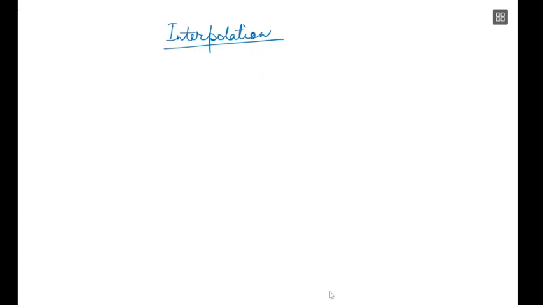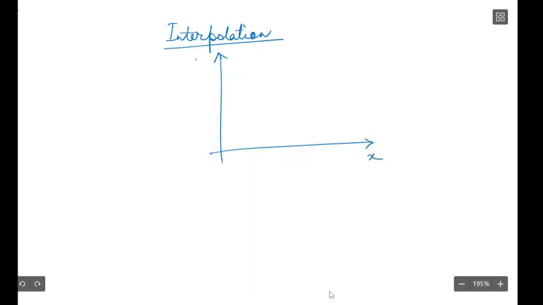Suppose you have knowledge of the values of a function at some particular points. Suppose a function is known only at the points; this is our x-axis and this is the y-axis.